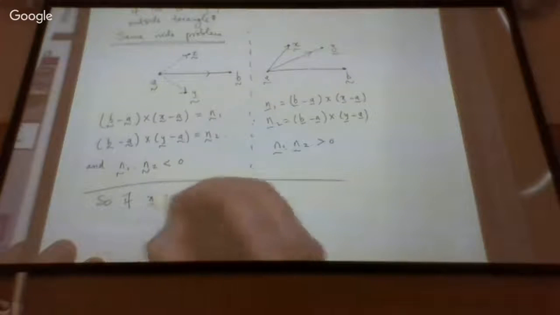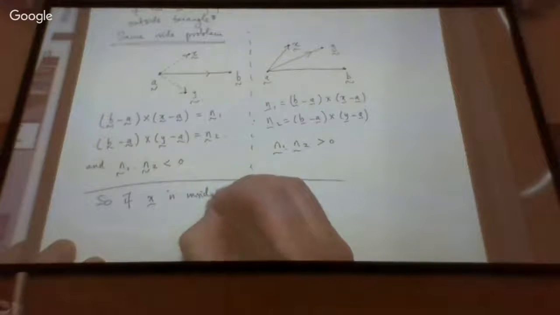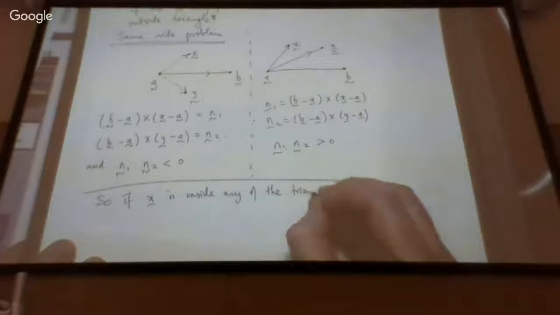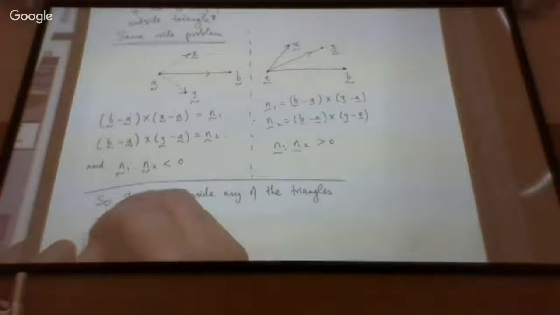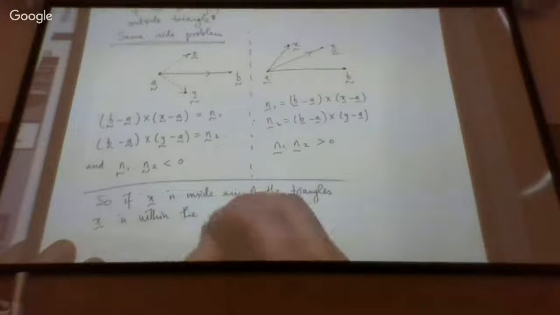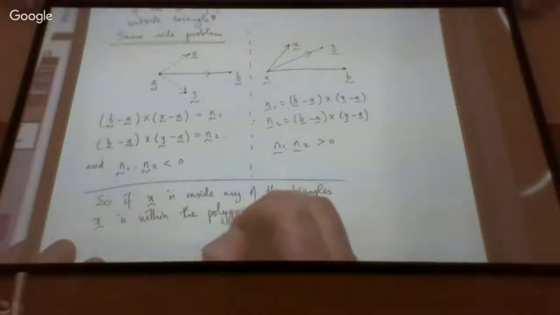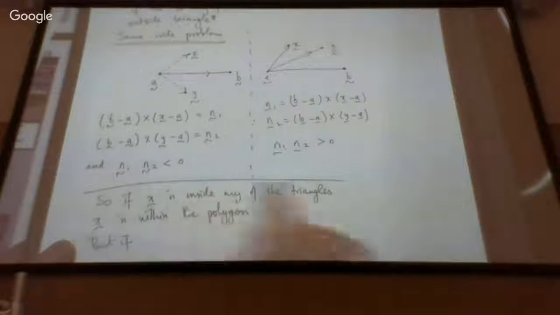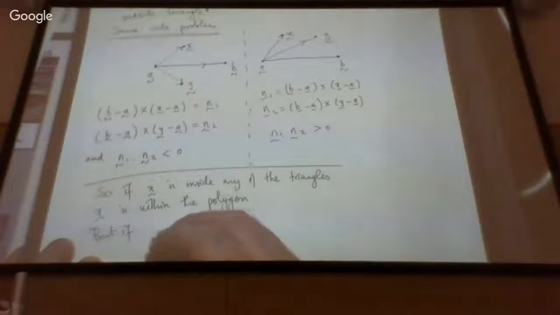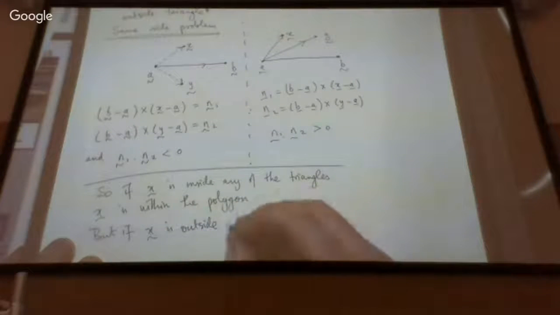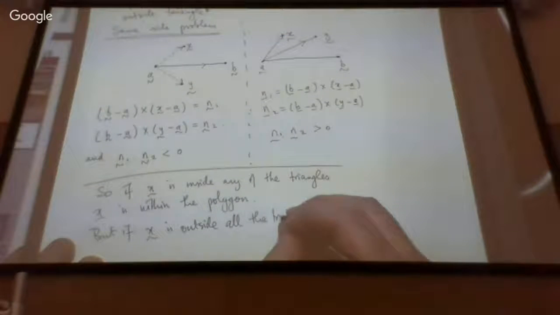So if x is inside any of the triangles, x is within the polygon. But if x is outside all the triangles, then it's outside the polygon.